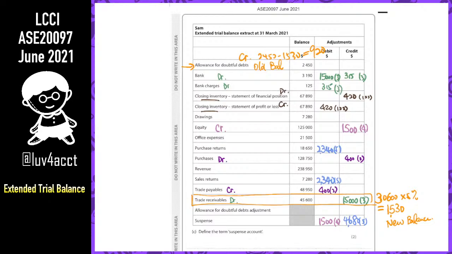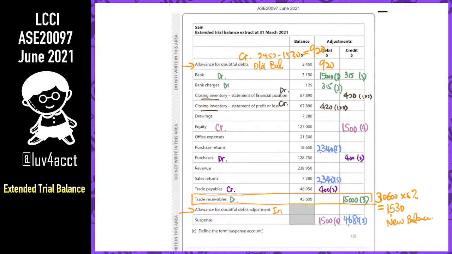Allowance for doubtful debts is a credit side account, so if we want to reduce the amount, it will be debiting. And when we reduce the allowance, there is an income, other income. So for the allowance for doubtful debts adjustment, you have an income. Income is on the credit side, 920.